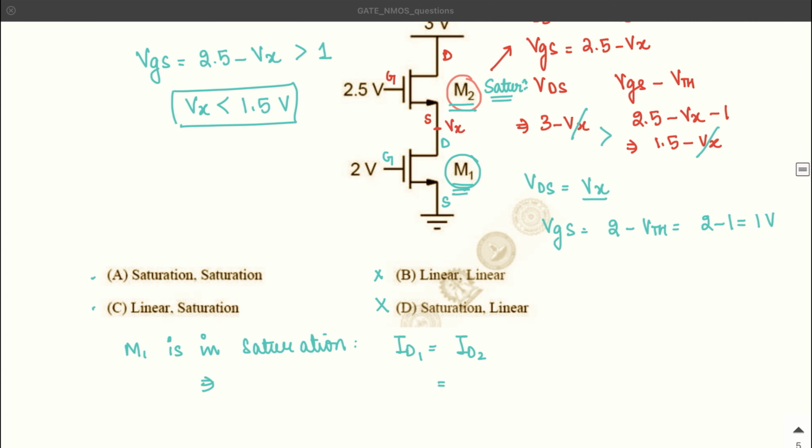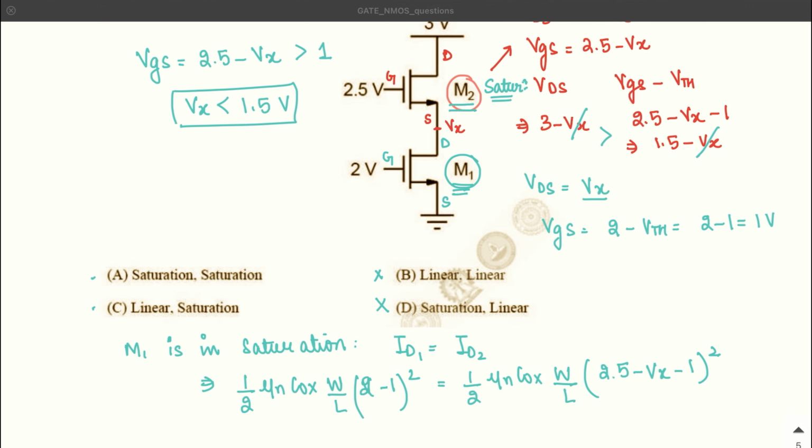So we'll write down half mu n Cox W by L, and VGS minus VTH is 2.5 minus Vx minus 1, whole square. And if ID1 is also in saturation, then half mu n Cox W by L, and over here we'll have VGS minus VTH, that is 2 minus 1, whole square.